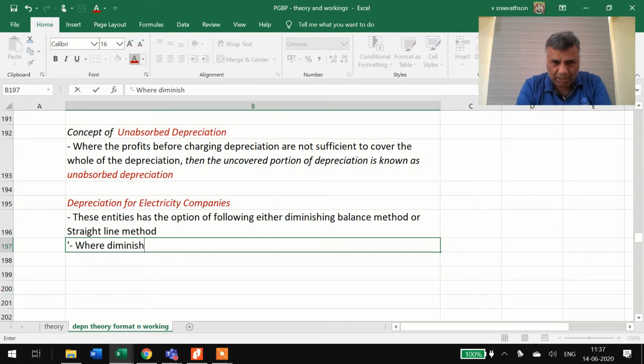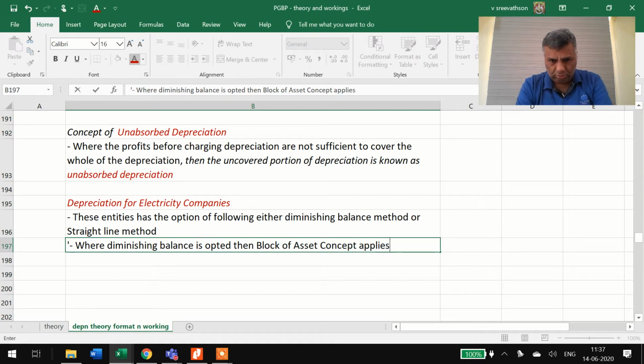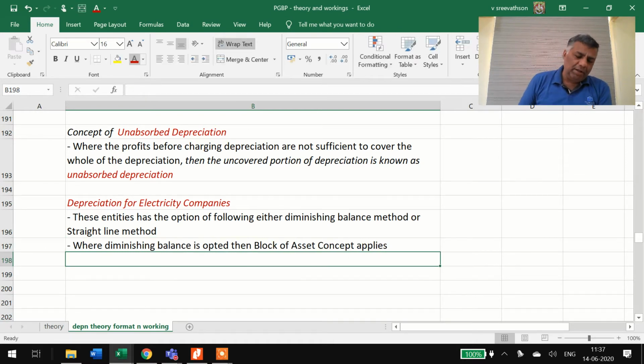Where the diminishing balance method is opted, then you will compute depreciation using the block of asset method.